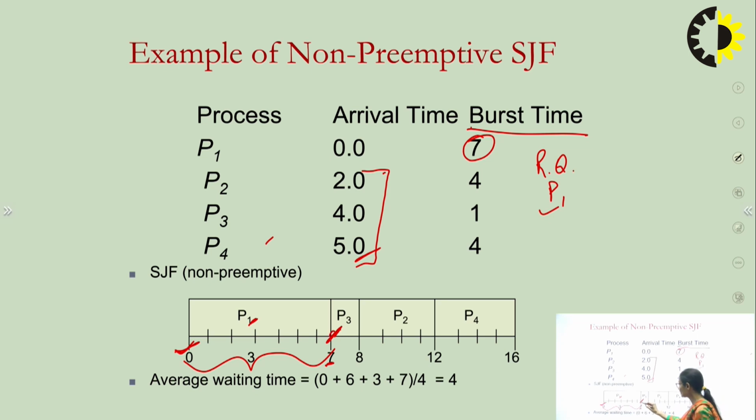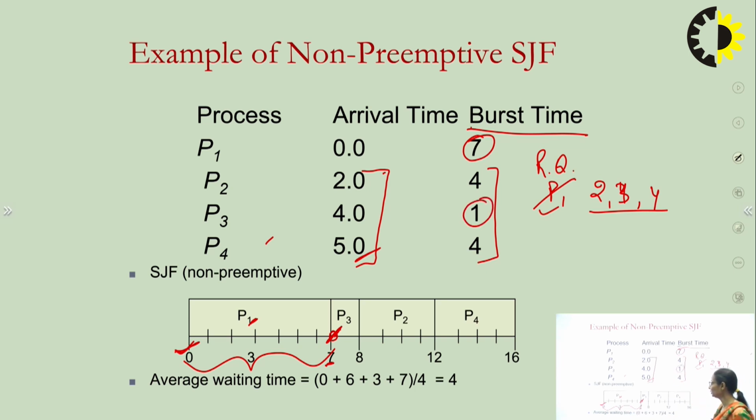So at this particular time the ready queue has P2, P3 and P4. Now we have to make a decision. We have to take the minimum CPU burst time. In this case it is 1, corresponding to P3. So the next process is P3. Its burst time is 1, so it will leave the system at 8.